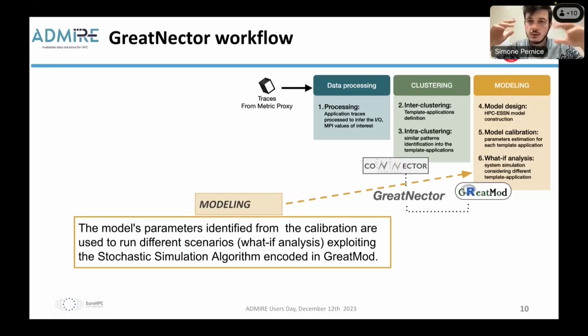So we can imagine defining a system characterized by two applications that belong to the first group, the first template application, and others from another template application, in order to build what is called a what-if analysis. What will happen if we put in our system a different number of applications belonging to different template applications? Since we already have the parameters, we can simulate it, see what happens, and say something about the queue, the distribution of the state, the time spent in each state, and so on.